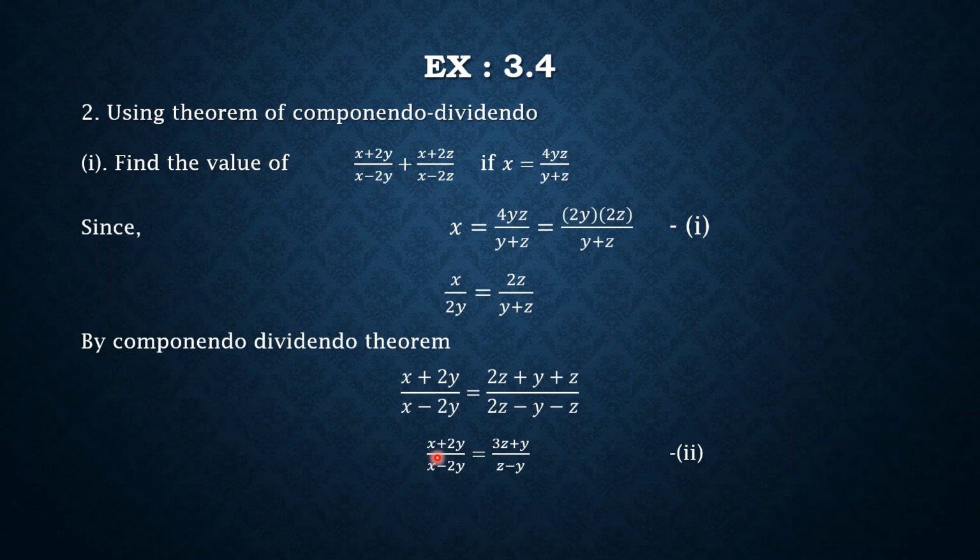Now by solving this, we have x plus 2y over x minus 2y, this equal to 2z plus z equal to 3z plus y divided by 2z minus z will give us z minus y. This is our equation number 2.